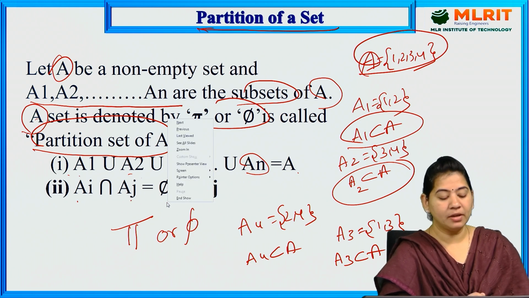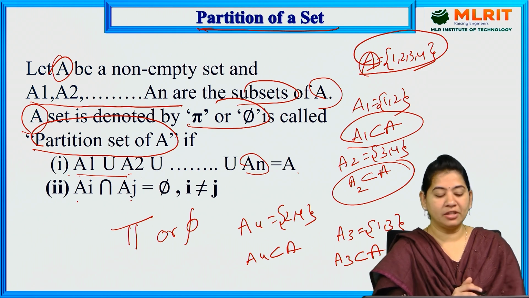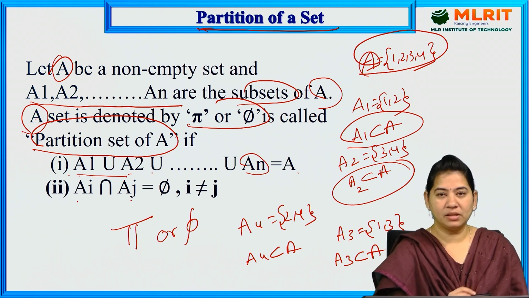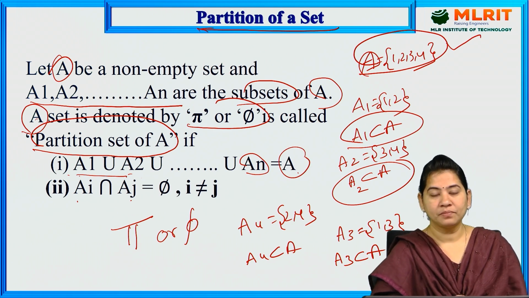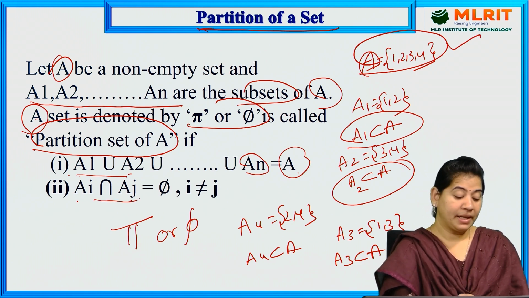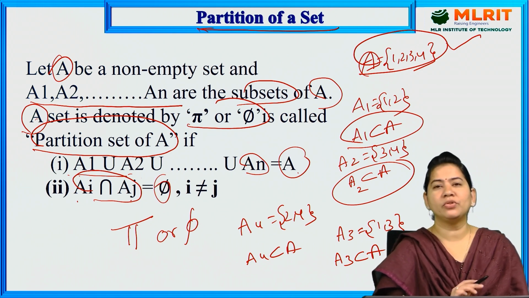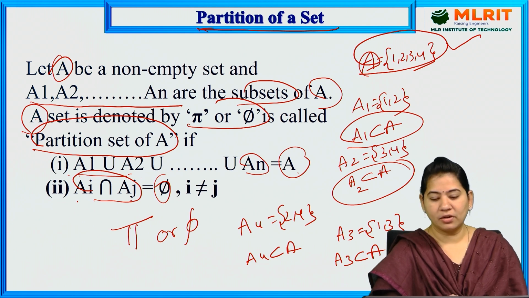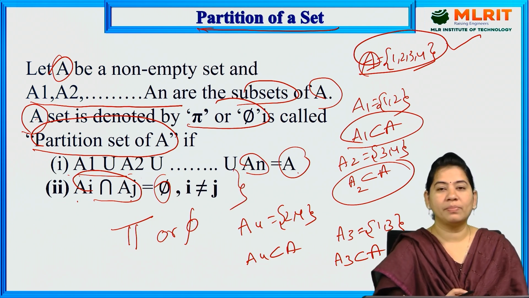That is, whenever you combine these subsets, you should get the original set A, and whenever you take the intersection between two subsets, you should get phi, meaning you should not get any common element. If these two conditions are satisfied, then we can say this is called a partition set.